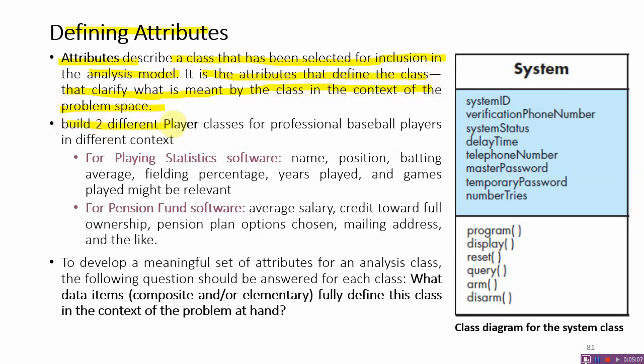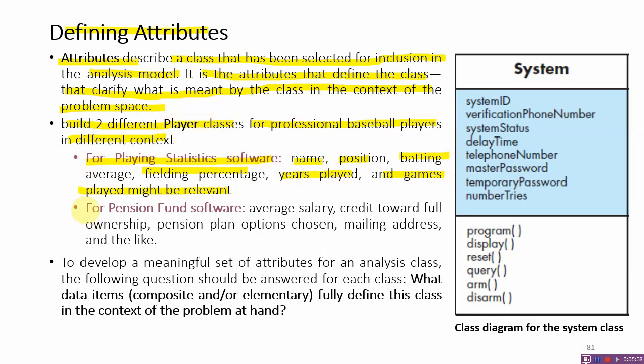Let us build two different player classes for professional baseball players in different contexts. In the first, for playing statistics software, we can include name, position, batting average, fielding percentage, years played and games played, which might be relevant in the context of playing statistics software for the professional baseball player class.